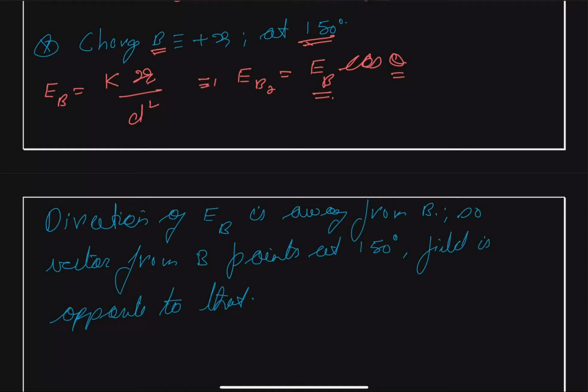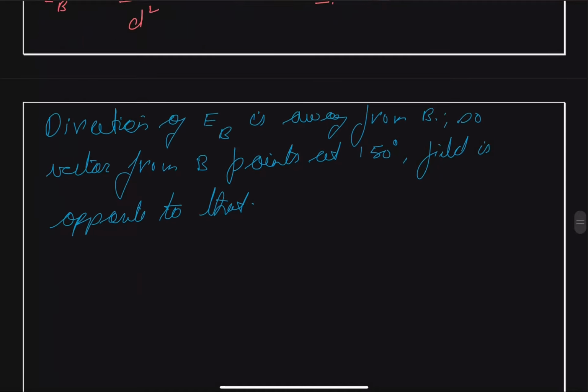Therefore, opposite to that, our theta will be equal to 330, or we can call this minus 30, with respect to the direction of the electric field.